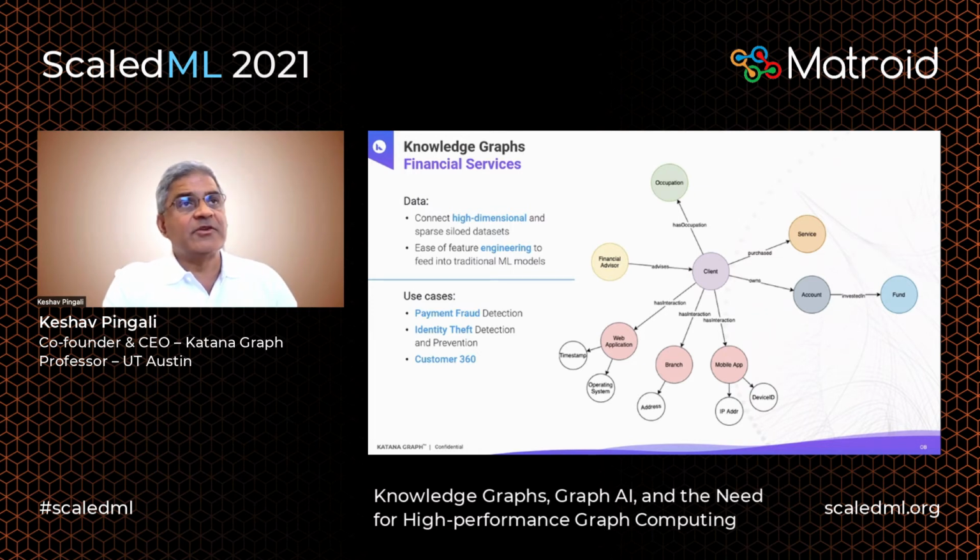If you have a bunch of clients and you already know whether they're paying their mortgages or not, and you have a new customer who comes in, you basically can do a similarity check. If this new customer's profile is similar to the profile of customers who are current on their mortgages, then perhaps you can approve that, and otherwise you don't. So you can use graphs and graph AI and graph machine learning in order to solve problems like that.